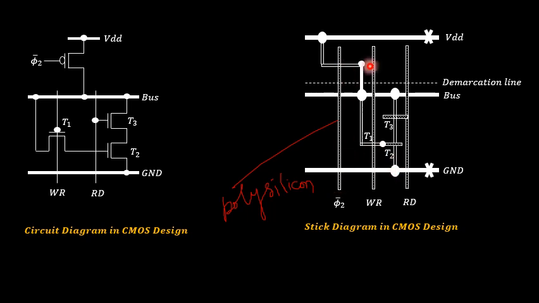I have chosen 3 vertical polysilicon layers over here. Then I am concentrating on the pull-up part. In the pull-up part, one transistor is formed. We know a PMOS transistor will be formed when a polysilicon layer crosses a diffusion layer.